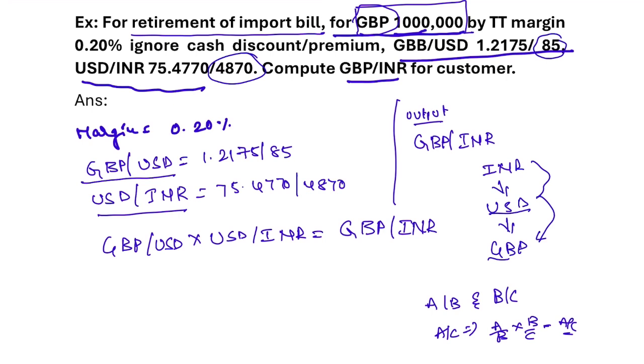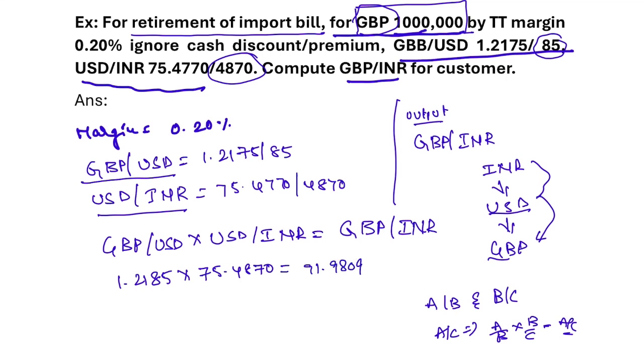In the GBP by USD case, what is the selling rate? 1.2185, into USD INR selling rate 75.4870. What is the value? This value is around 91.9809 if we calculate.